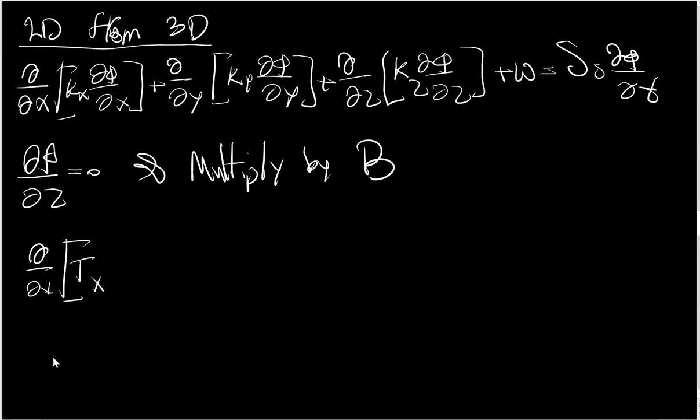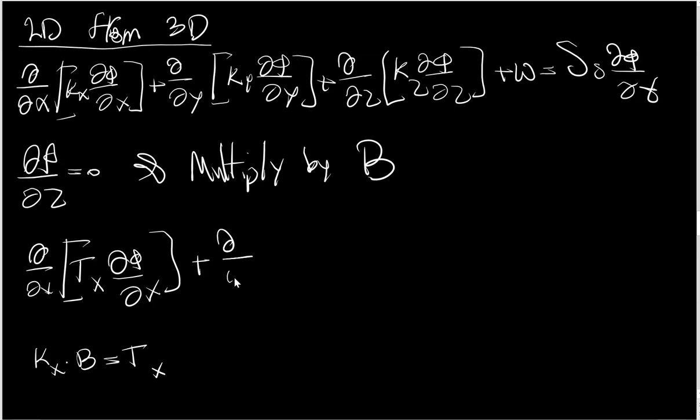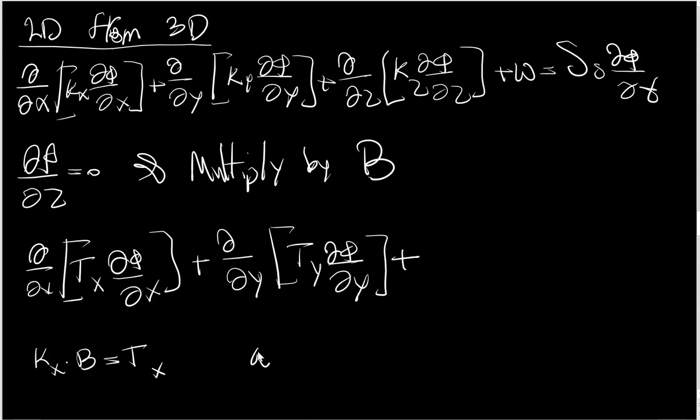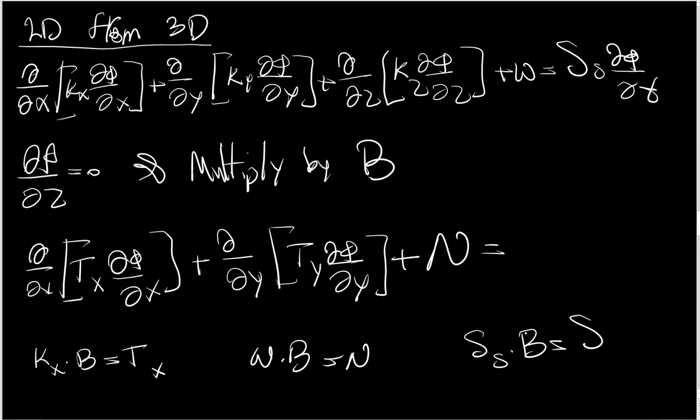So you know that Kx times b is Tx, right? So Tx partial phi partial x, plus partial y, Ty partial phi partial y. This is 0, and W times b, again W times b equals N. Okay, we represented it with N, and Ss times b is capital S, right? So S partial phi partial t.